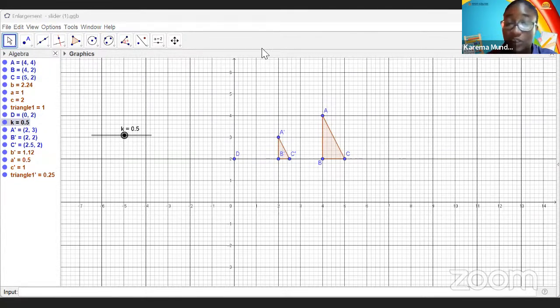When my scale factor was 2, I noticed that when I compared the object to the image, the lengths on the image were doubled. They were 2 times. But when the scale factor was 0.5, the lengths on the image were half of what the object was. So I'm asking if you're clear now with that. Yes, miss.